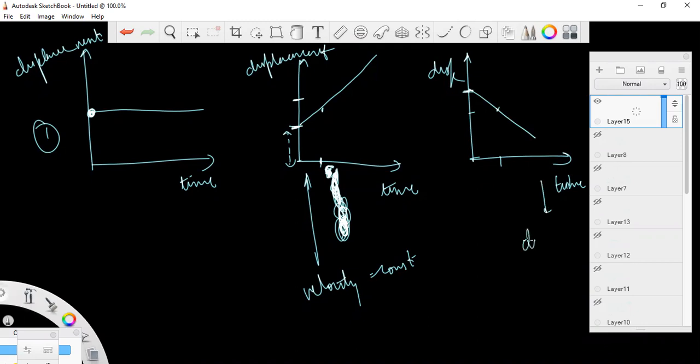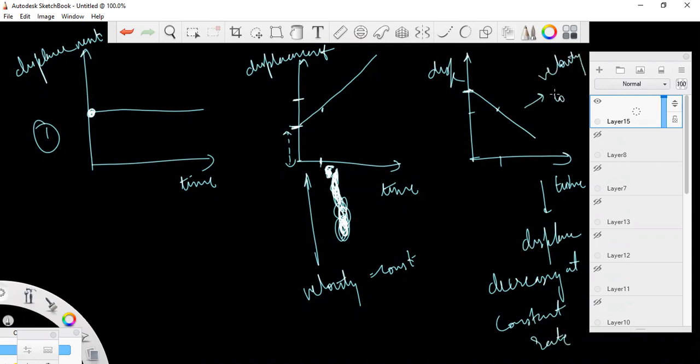So this is also constant velocity. Velocity is constant, but the velocity is negative. Is that fine? Because the displacement is decreasing, right? That means velocity is negative. Is that fine? But it is constant, right?